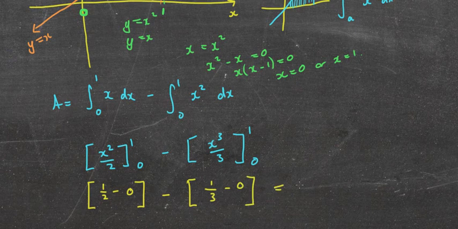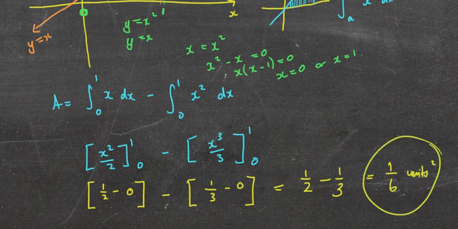So we're left with a half subtract 1/3, and then simply put that into your calculator to get your final answer. And you can either leave that as a fraction or as a decimal. I'm just going to leave it as a fraction. 1/6 units squared, and that is the area between my two curves.